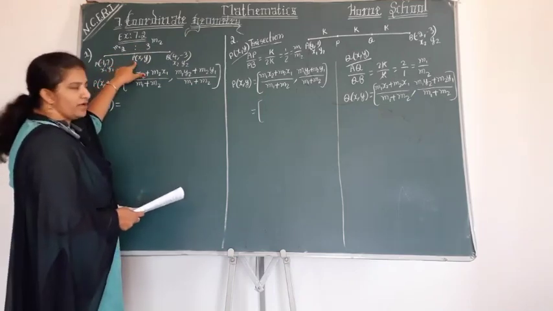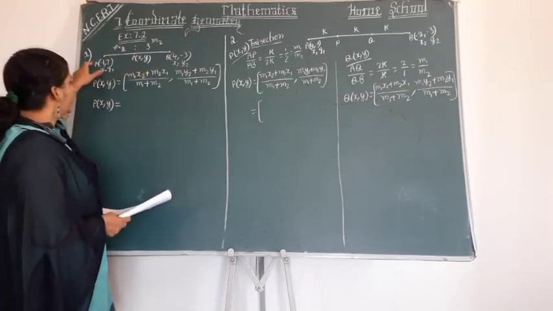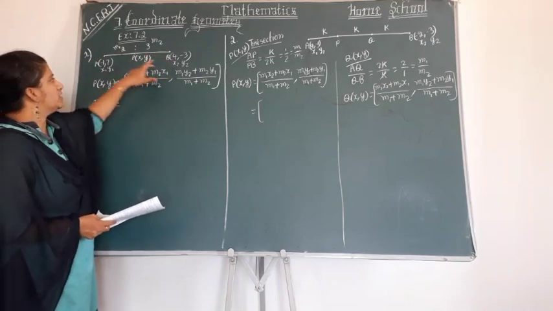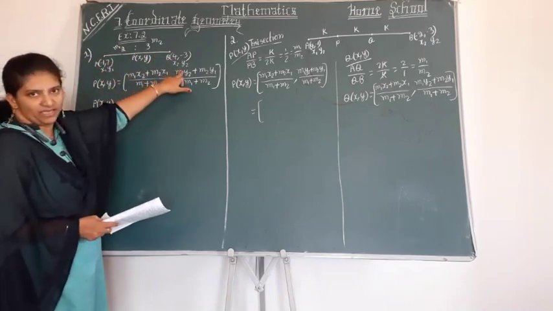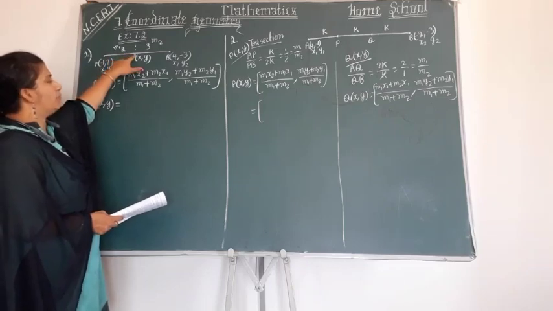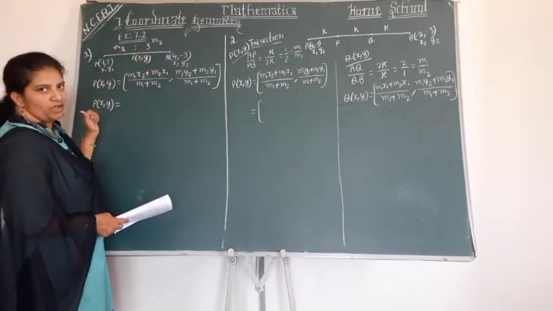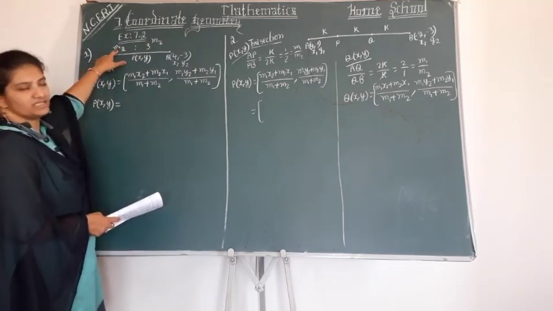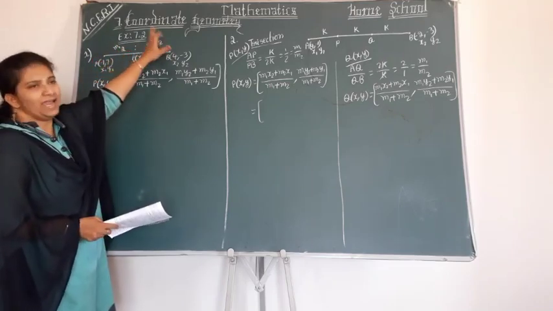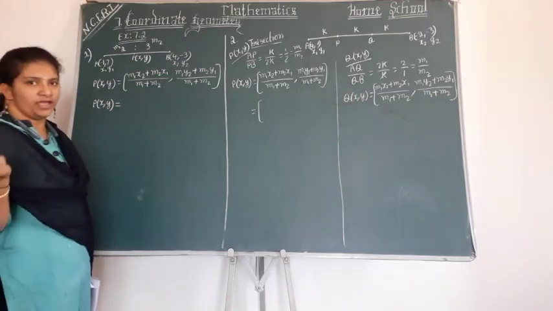So you need to find the coordinates of point P, where there is a line joining the coordinates A and B. This line is internally divided by a point P in the ratio 2:3. Ratio we represent with M1 and M2. What is the section formula here?